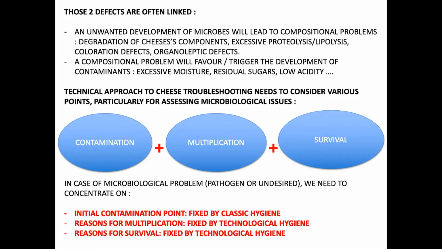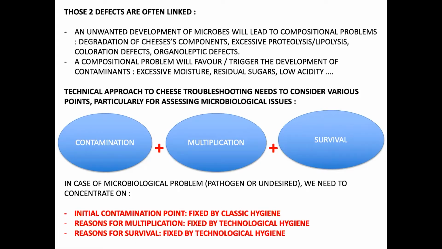The technological hygiene is the control of all the cheese making parameters like pH, time, quantity of starter culture, temperature profile, aging temperature, all those parameters that will create hurdles for microbe development. So the more hurdles you can control and install over the cheese making process, the more control you will have.